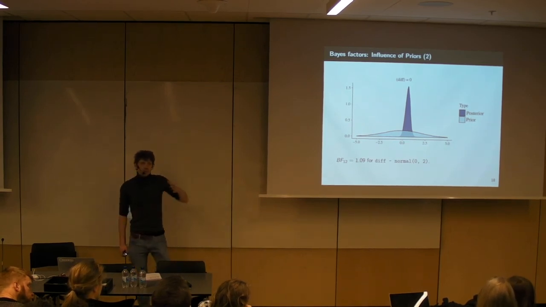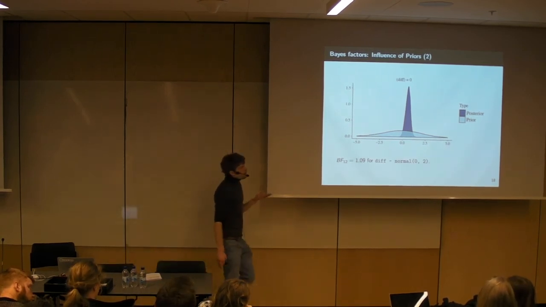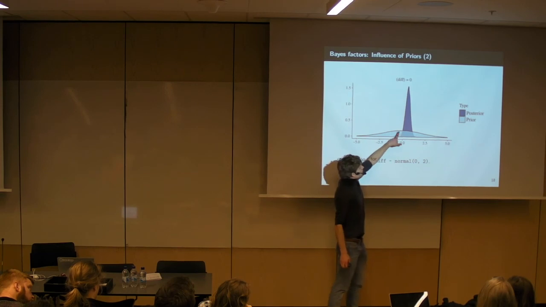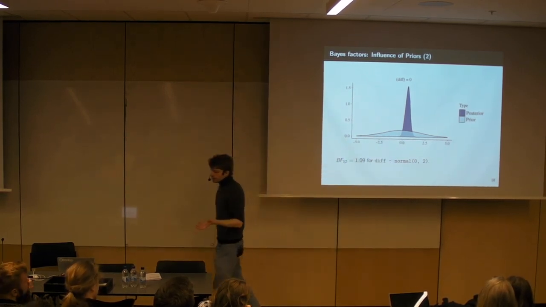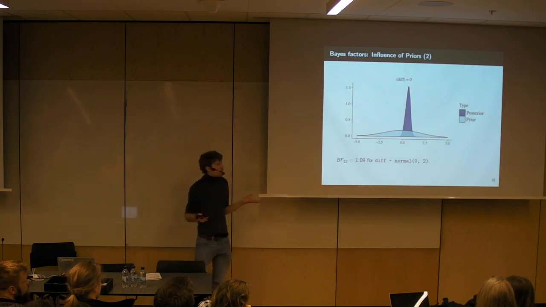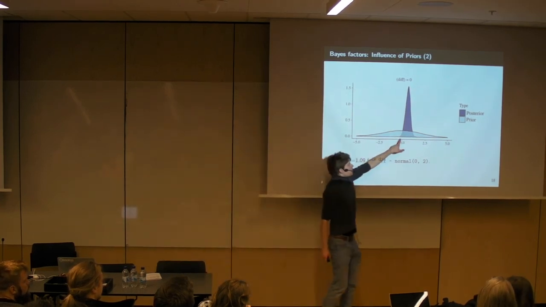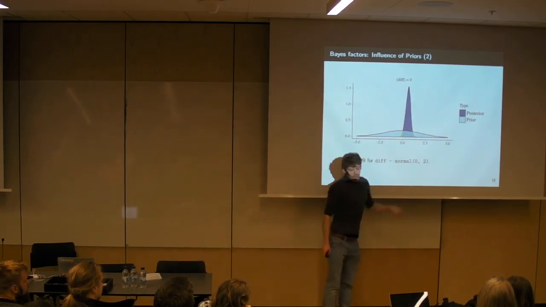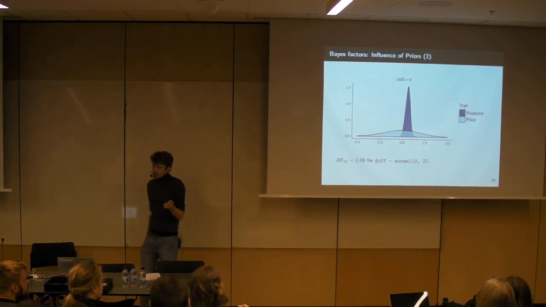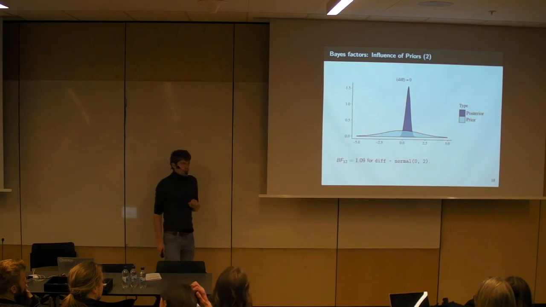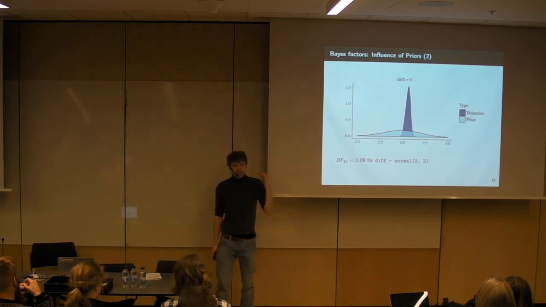Suddenly the Bayes factor is 1, which means a posteriori both models, the model with 0 effect and the model with a non-zero effect, are basically equally likely, which we see as both prior and posterior are roughly equally likely at this value of interest. So even though the posterior hasn't changed much between our two priors, the Bayes factor has changed dramatically.